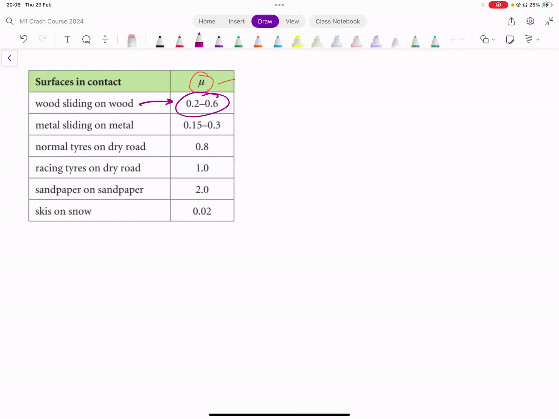If you have sandpaper on sandpaper, that's very rough. That will be 2.0. As compared to, for instance, skis on snow, that would have less roughness, less friction. This is only 0.02. So if the mu value is small, that means the roughness is less. If the mu value is greater, away from 0, then there's more roughness. You can see most of the values are actually between 0 and 2. Sometimes it's greater than 2 as well, but it doesn't go much higher than 3, 4 generally. Okay, the closer it is to 0, the less rough it is.